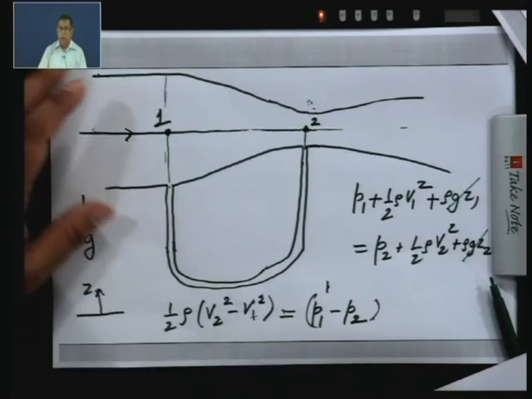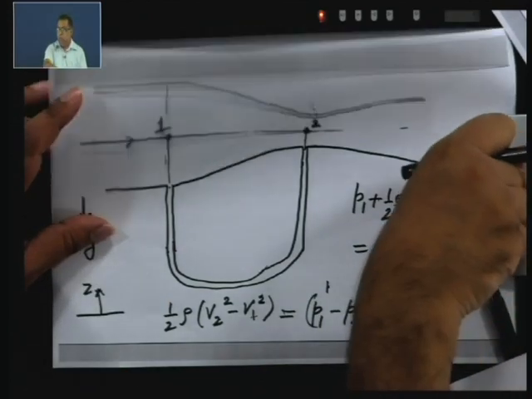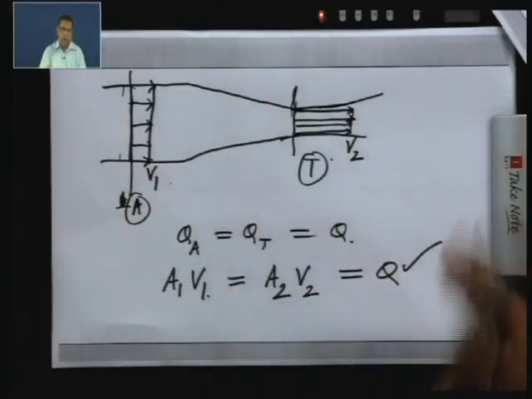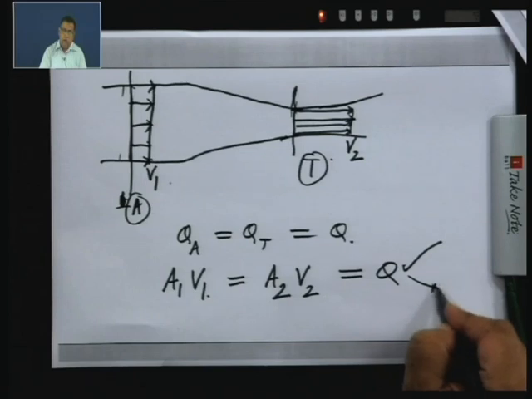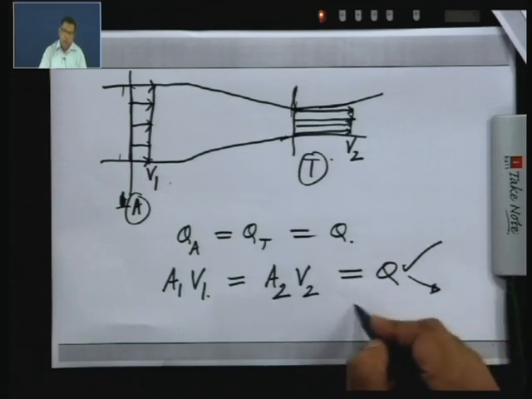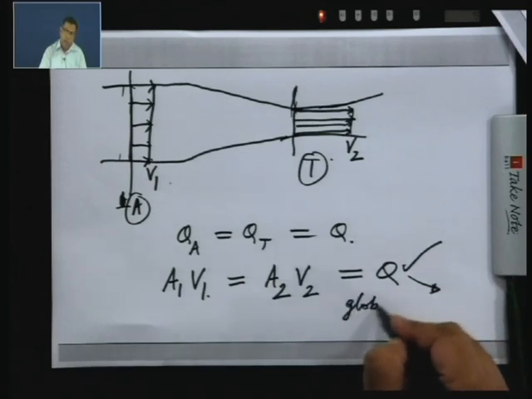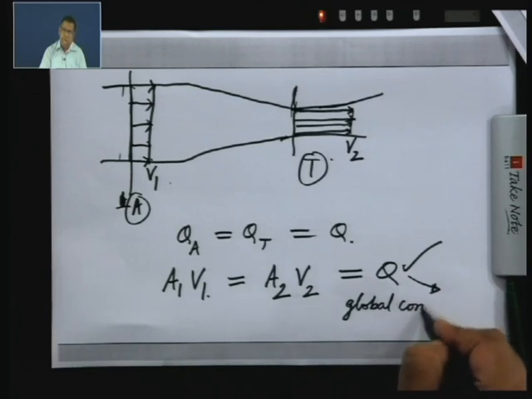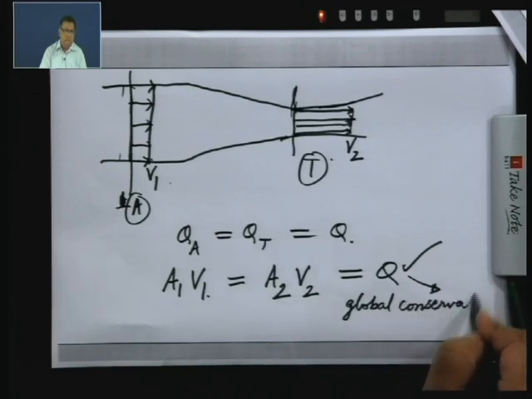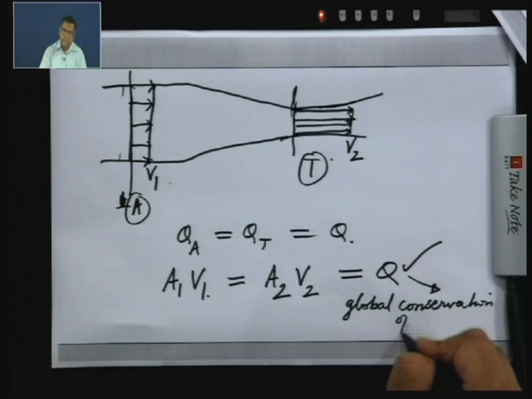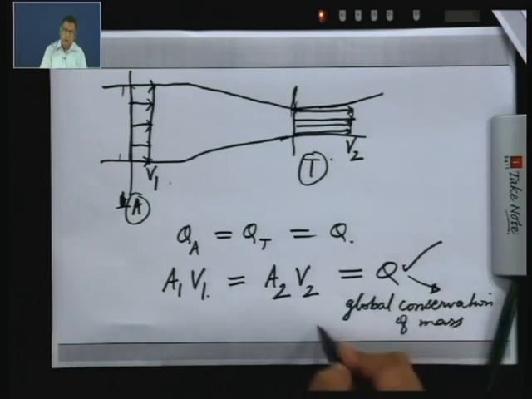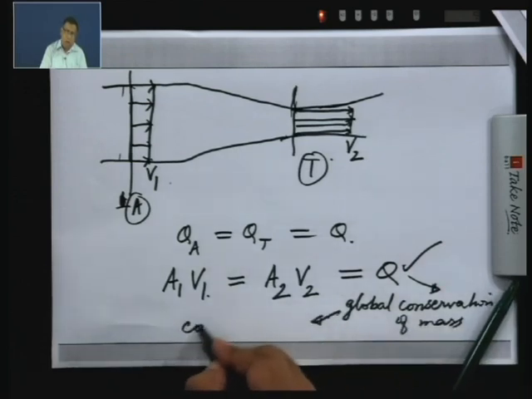So, if this is known, you have a relation between two unknowns, V 2 and V 1. Now, we have another relation between V 1 and V 2, which is the continuity equation which I have written over here. This is the equation for global conservation of mass, or it is also commonly called the continuity equation.